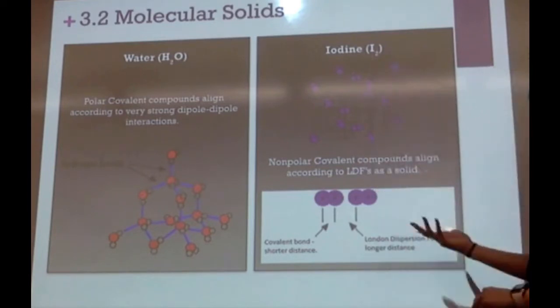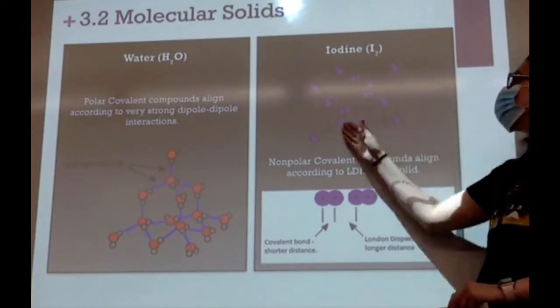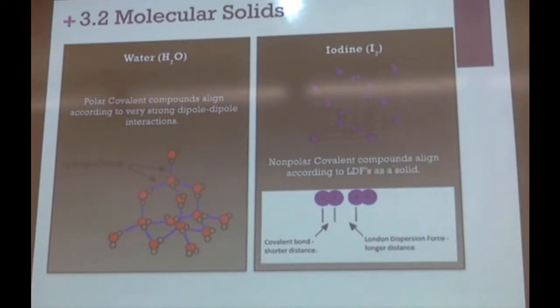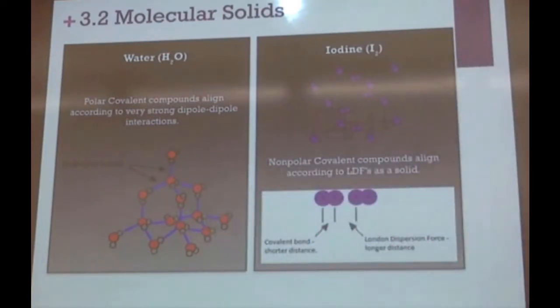Iodine, I2, is nonpolar. There's no electronegativity difference. And so I2, because it's nonpolar, the solid is held together with dispersion forces. So with molecular solids, because they're held together only with weak intermolecular forces, they tend to have low melting or low boiling points, because intermolecular forces are much weaker compared to covalent bonds or ionic bonds.